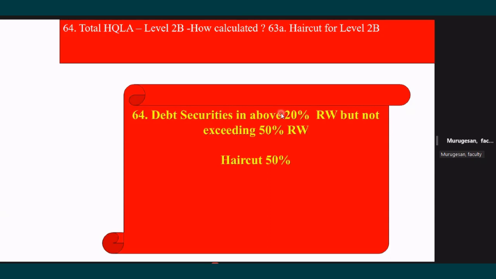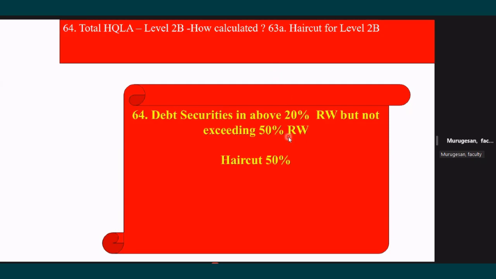So up to 20, not exceeding 20, qualifies as 2A. But more than 20, up to 50 also, again please remember, over 50, if you invest, supposing you invested in a BBB instrument, BBB meaning 100% risk, then that will not qualify as HQLA. Gone. For HQLA, necessarily the risk weight should not exceed 50%.